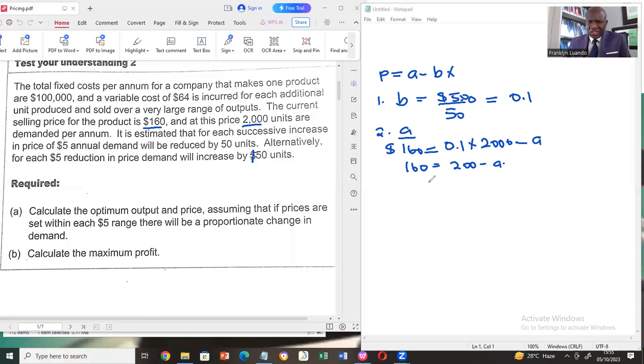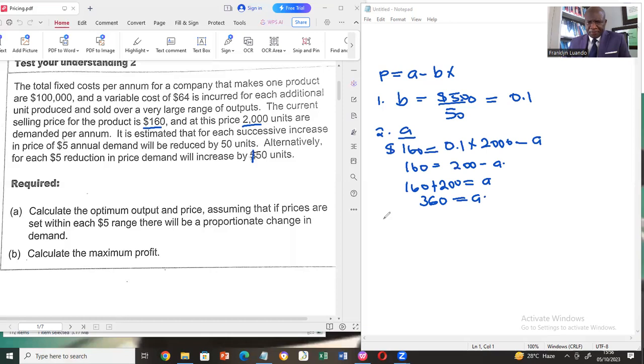So when it goes to that side, it will be 160 plus 200 is equal to A. So A is equal to 360. Is that okay now? Are we together? So we know A.